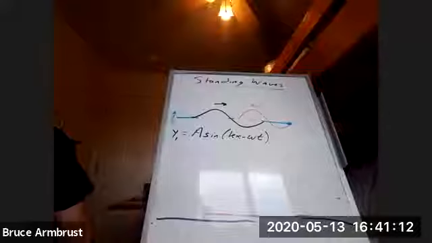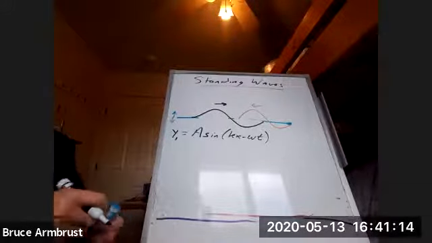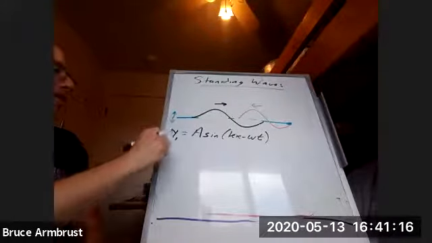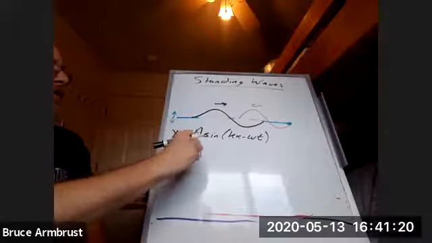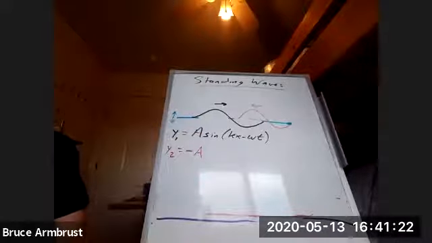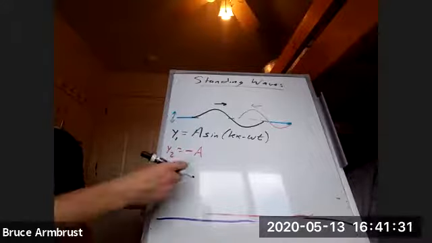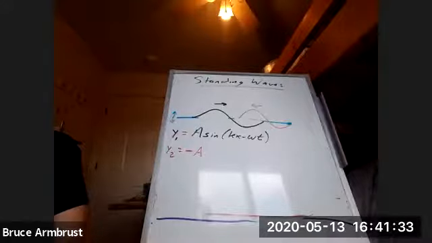So now let's think about the one that comes back. This is going to be Y2. First of all, we know it gets inverted because it flips over. That's how we're going to do the phase difference. Instead of adding a pi or subtracting a pi, we're just going to put a minus out front, meaning it got flipped over.